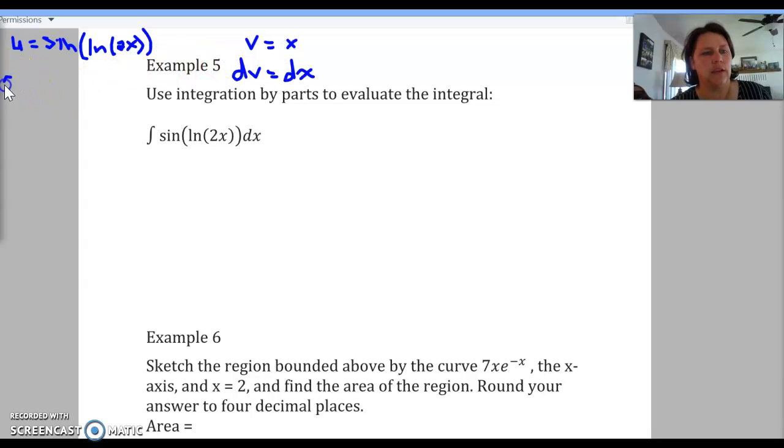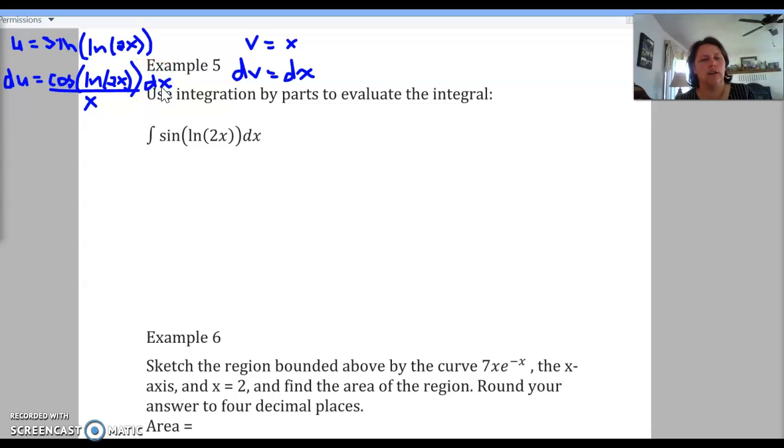And over here we are going to have du, the derivative of sine is cosine, times the derivative of the inside. The derivative of the inside will be 1 over 2x times 2, so the 2's will cancel out, so it'll just be 1 over x. And then dx we need in there too.